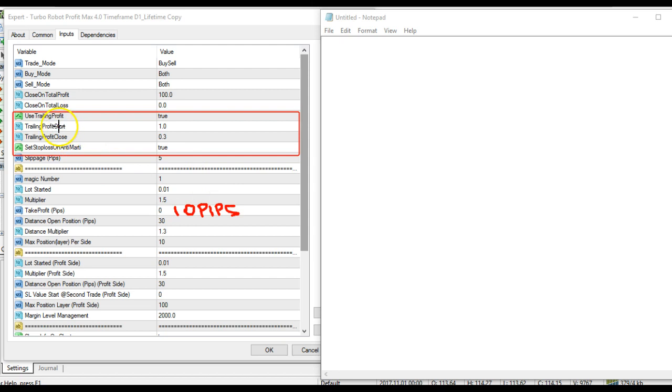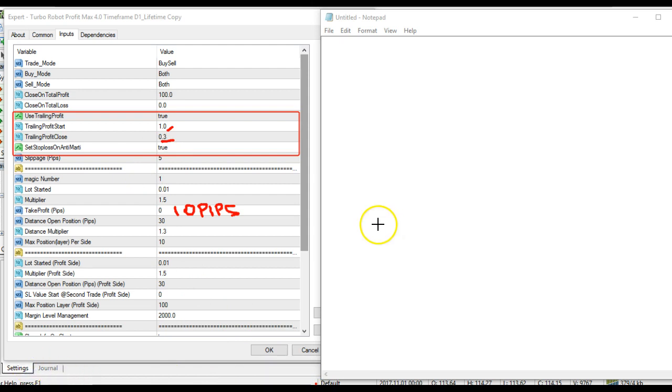Whereas trailing profit is better. You know why? You lock the profit at a certain dollar value, and the moment it reaches that value, you lock that profit, and then you wait to see if the market will reverse back, and it will close based on the settings that you add in.